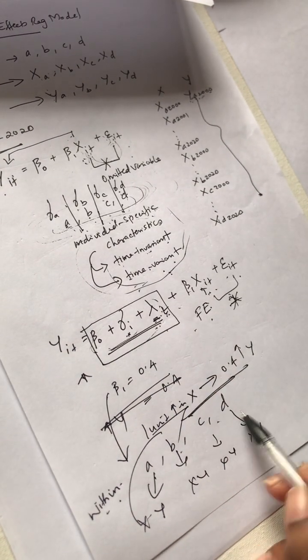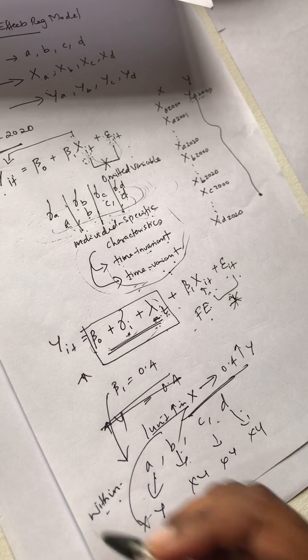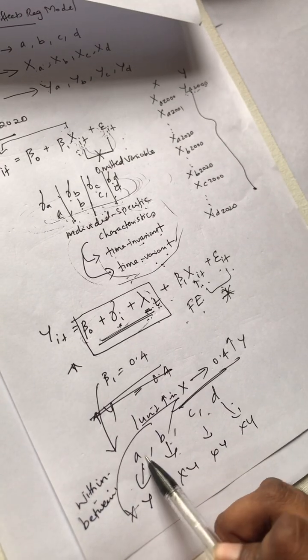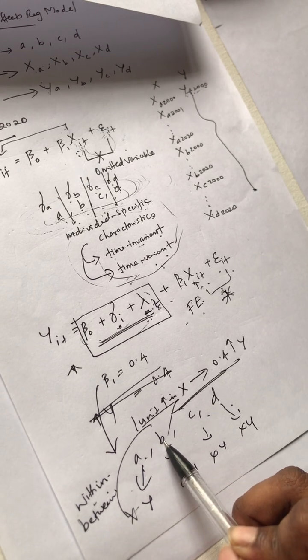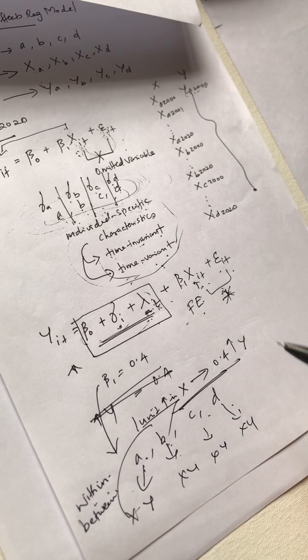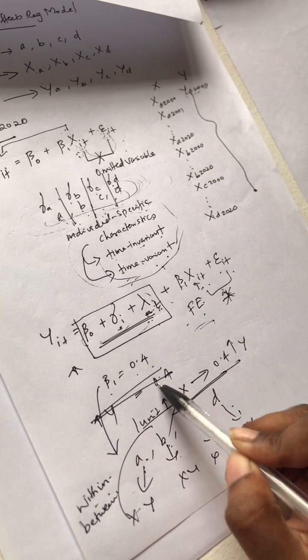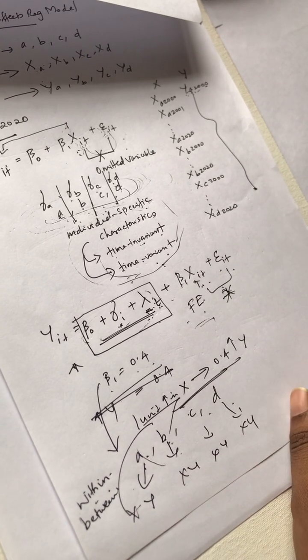That is what is happening within. Now, what is happening between? Say that you want to compare a particular district to another one. Then we use a fixed effects regression model, and beta 1, 0.4, the coefficient, is valid for this too.